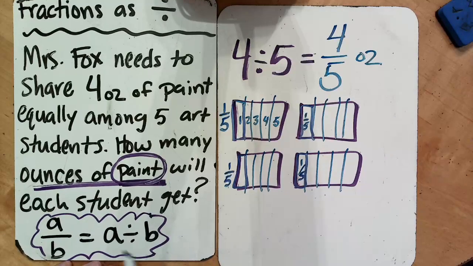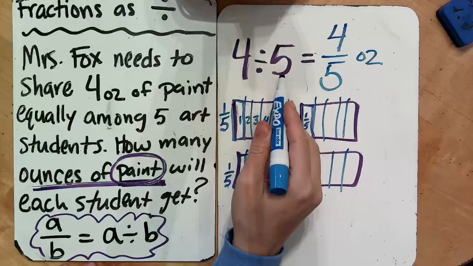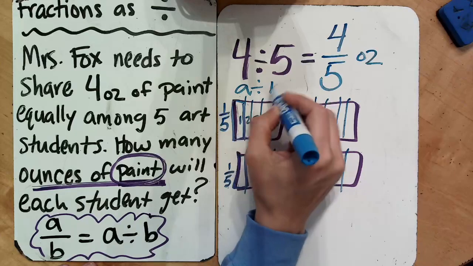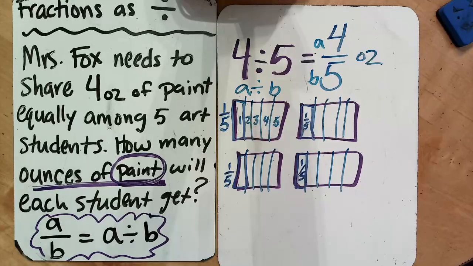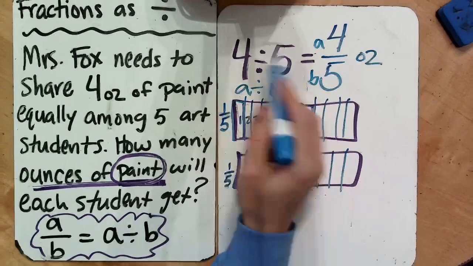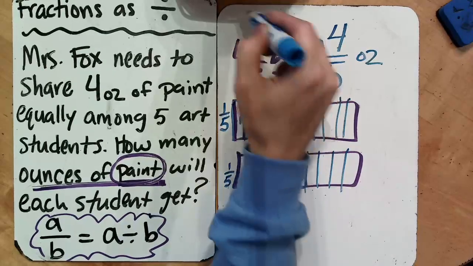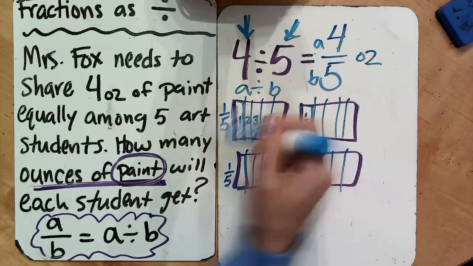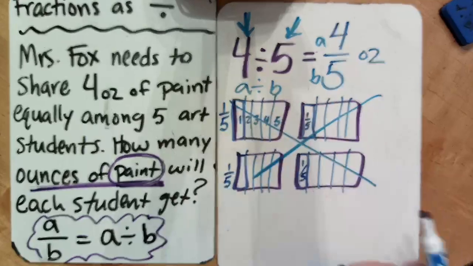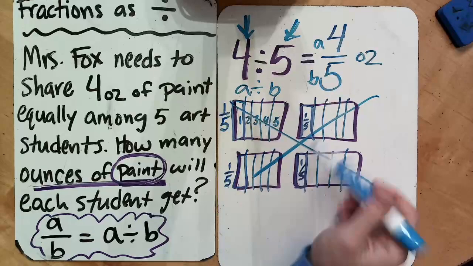That is all that I'm asking the students to do. So in other words, if you look at this, A divided by B is the same thing as A over B. If the student can figure out what is being split apart into how many pieces, then they don't even need to do any of this work here. This is just to help them check their work.